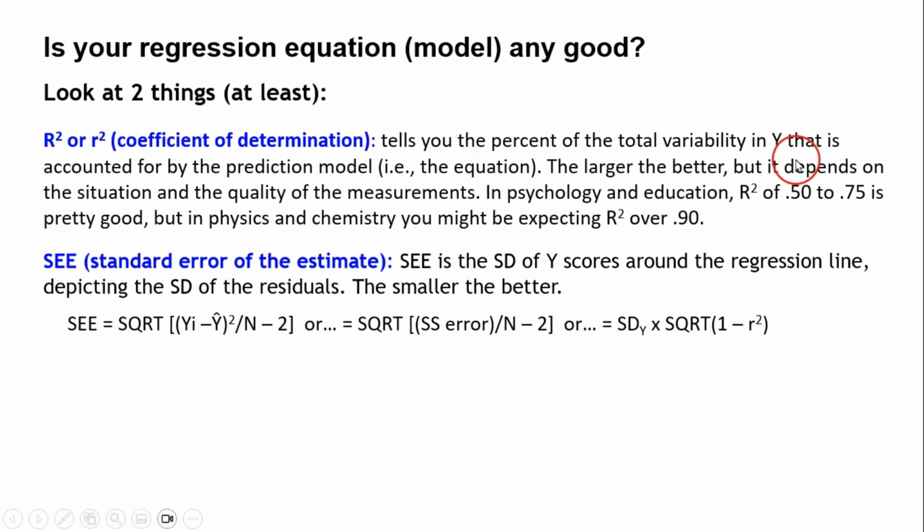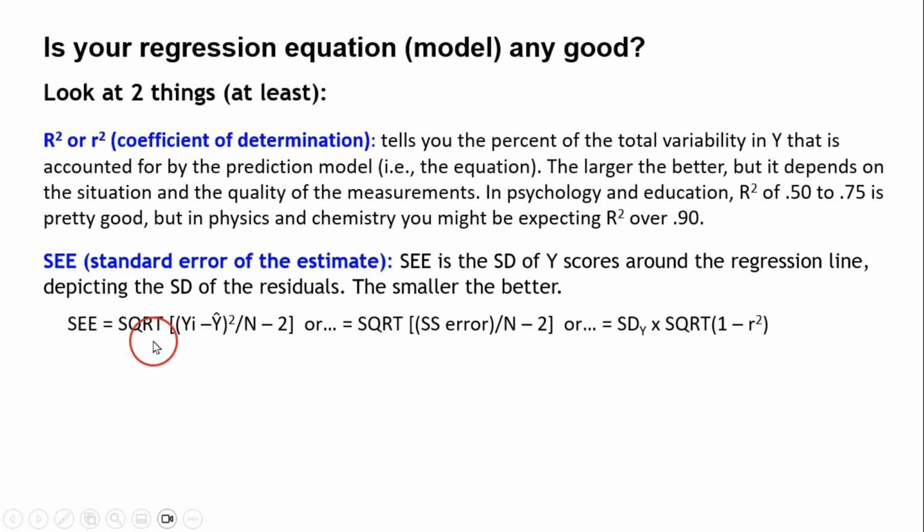In a sense, it is the standard deviation of those residuals, which is the difference between the y-scores that were observed and the actual prediction line. In this case, the smaller the better.